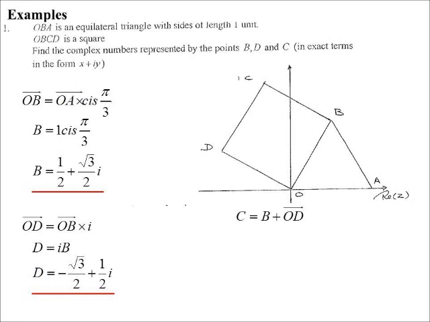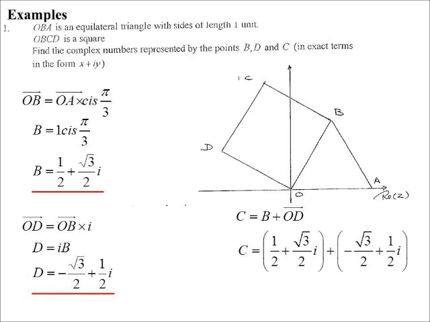So I can say C will equal the point B, and I'm going to add on the vector OD. But the vector OD is just D because it's joined to the origin. And adding these two together, there's my point C. So it's all about playing with geometry. It's lots of fun.